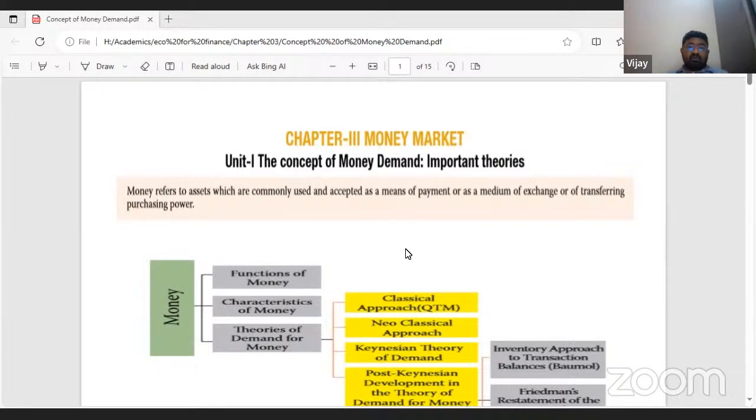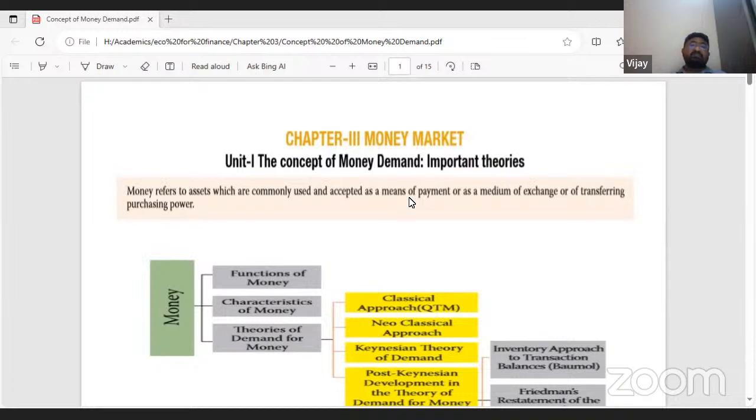Here, why is there a need for money? The need for money is for transaction purpose, in the sense of buying goods and services.